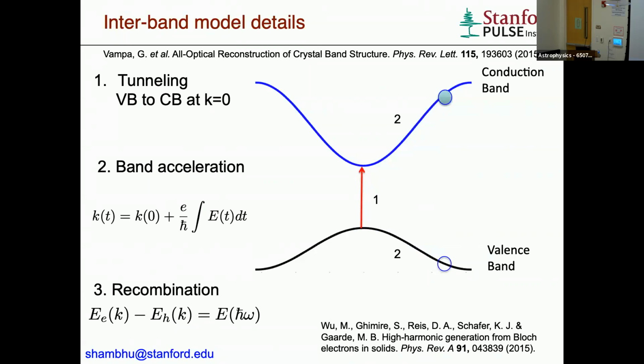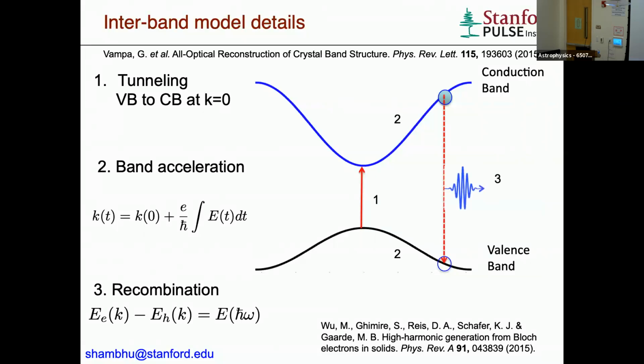And at some point in time, and crystal momentum, this electron could recombine, right? So step one, tunneling, step two, acceleration, and finally in step three, the difference energy of this electron and hole at these bands could give rise to this high frequency radiation.